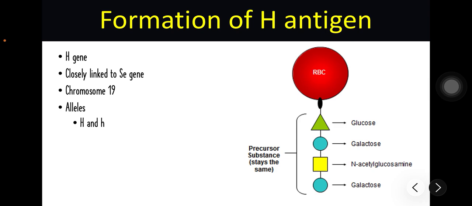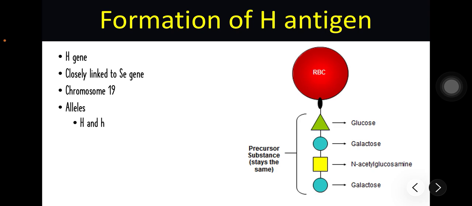Now let's talk about the formation of your H antigen. This is the only antigen in the H blood group system. If an individual is blood group O, they inherit at least one H gene, genotype homozygous big H or heterozygous big H small h. The H antigen is the precursor structure on which the A and B antigens are made.